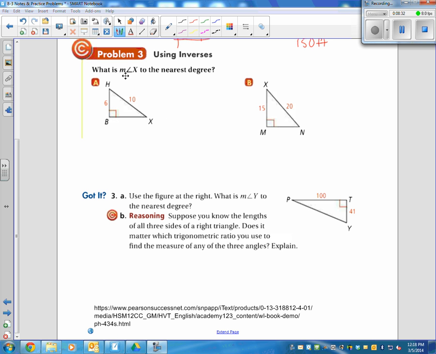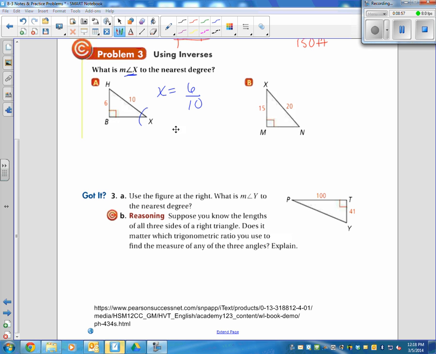So for this one, it's asking us to find the measure of angle x. So here is angle x, and if we want to find this angle, we have to use the side lengths that are given, which is the opposite and the hypotenuse. So that tells us that we want to use sine. So what I would say is that sine x is equal to the opposite over the hypotenuse, which is 6 over 10.